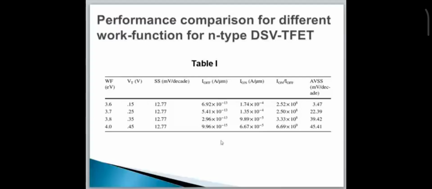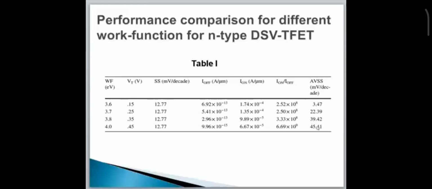And the value of the off current is this and the on current is this. You can note that the on current starts increasing if you increase the work function from 3.0 to 4.0 electron volt, and the on-off current ratio is high at 4 electron volt. The average subthreshold slope is also increasing from 3.0 to 4.0 electron volt.